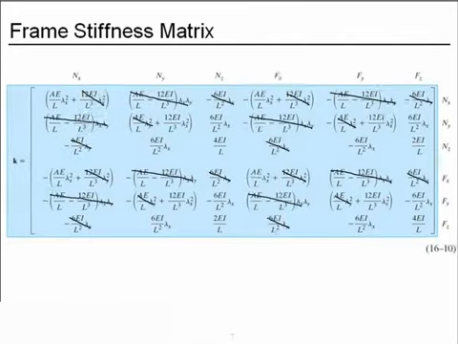Next row. The first and fourth columns are 0. The second and fifth columns are 12 EI over L cubed, only this one is negative. And the third and sixth columns are 6 EI over L squared, both positive.